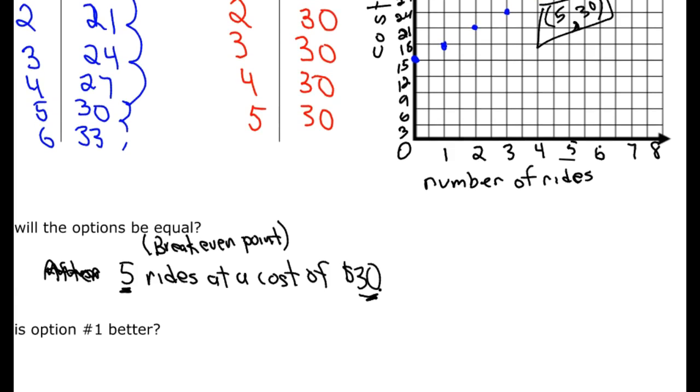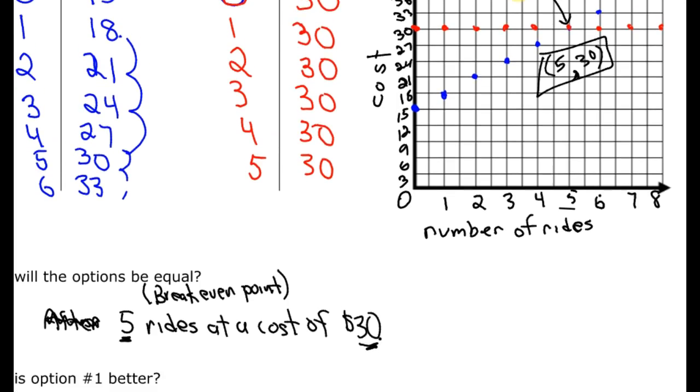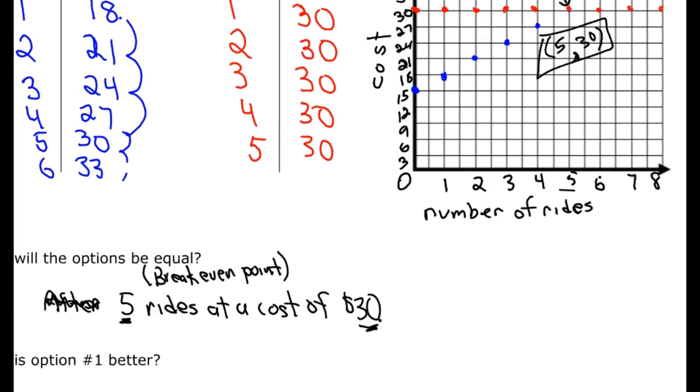Now, when is option 1 better? And better, they mean cheaper. So when would you want to go with option 1? In what circumstance? Looking at your graph or looking at your tables, when is option 1 a better buy?